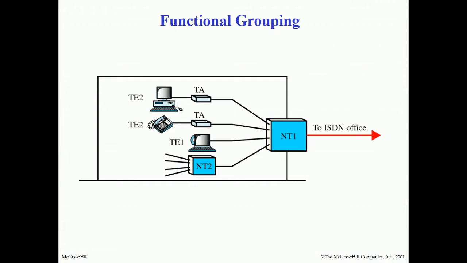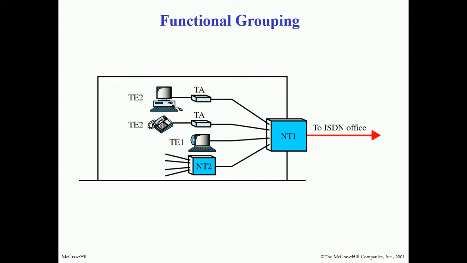Okay, now the functional grouping. Functional grouping means which types of equipment are being used in the ISDN, or we can say integrated digital network. ISDN requires different equipment than analog, dial-up or even digital leased line services use.